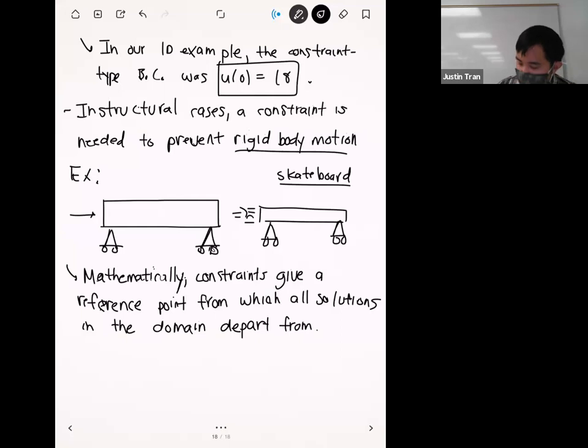Okay. Because without that reference point, there could be basically an arbitrary constant that you can add to your solution and have it still be valid.